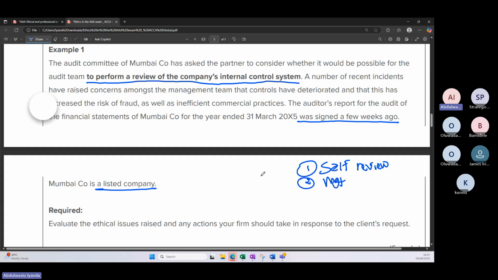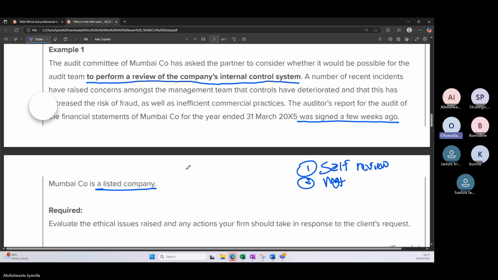And Damilola, you also make mention that there's a management threat. That's fine. Why do you think so? From your explanation of management threat, it's a situation where you are asked to do something that's not part of your responsibility, maybe by a senior management or manager.